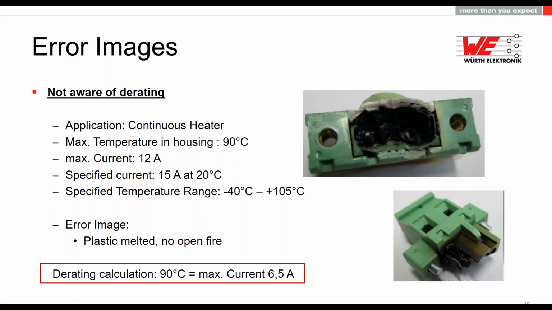Of course, this was a lucky case because the plastic melted, but there was no open fire. But it could have been clear, because if you calculate the derating of the part, then you're allowed at 90 degrees to maximum apply 6.5 amps. So you nearly have the double here, or had the double here, and this is the result from overload at the end.